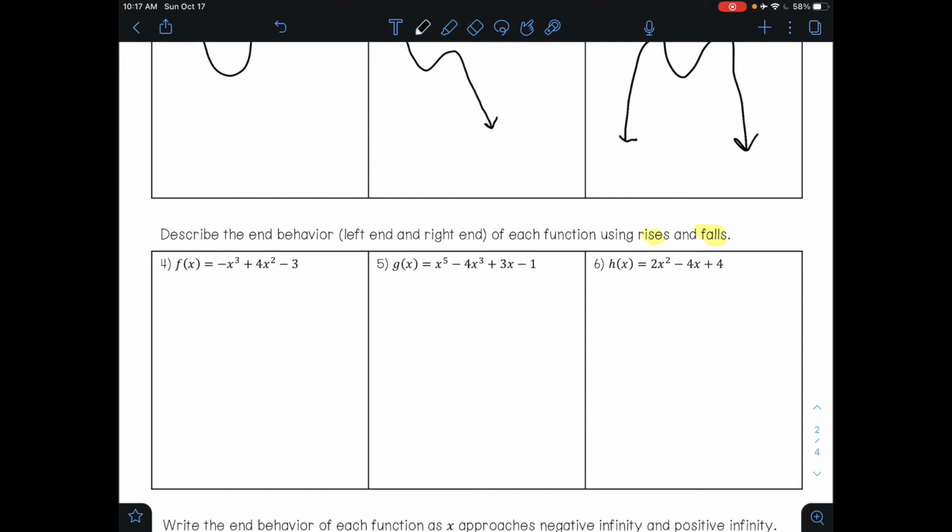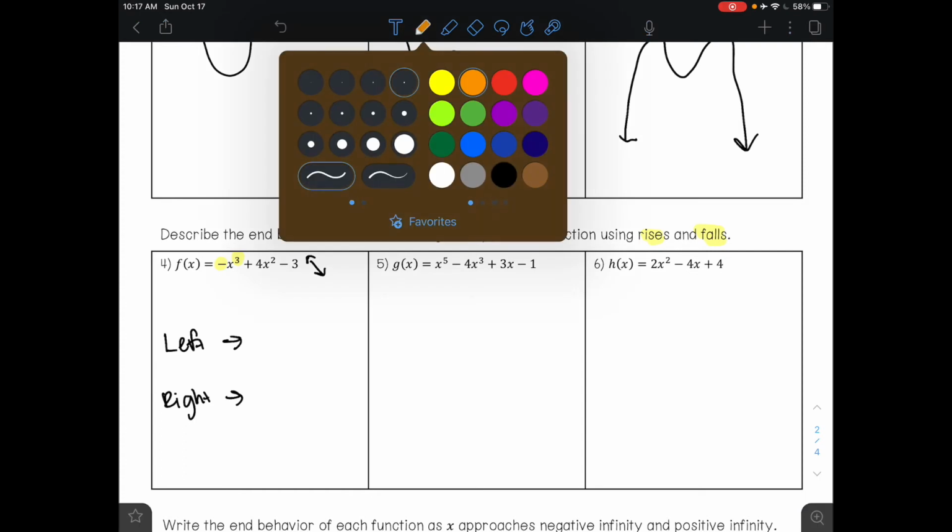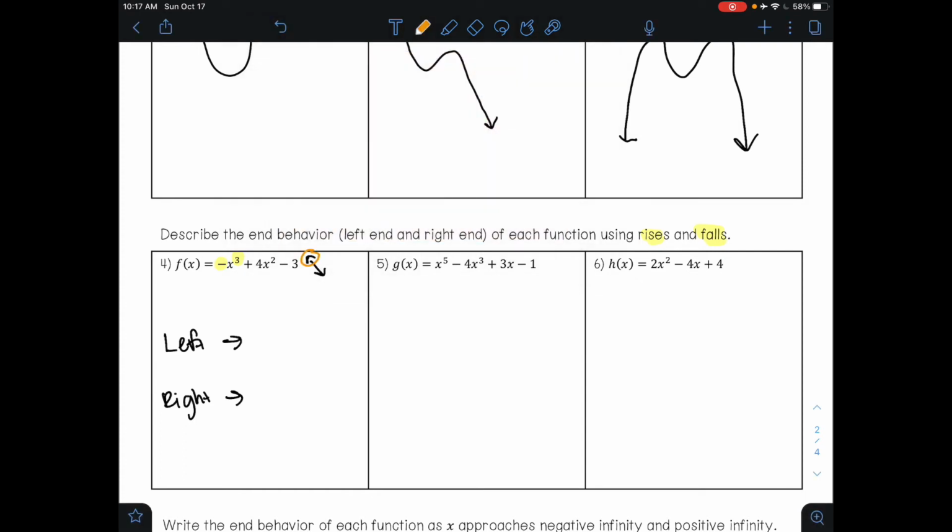Or you can say, okay, I know it has a negative leading coefficient and the highest exponent is odd. So in general, the end behavior would look like a line with negative slope. I want to know what the left side does and what the right side does. Well, the left side would be pointing up. Pointing up means that it rises.